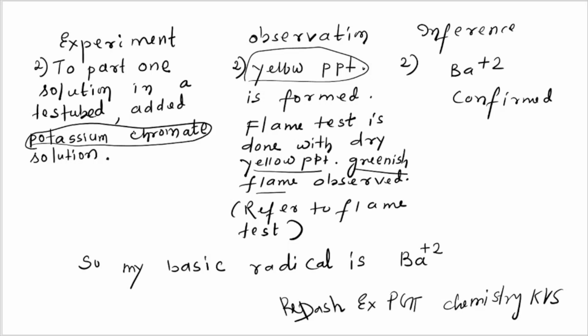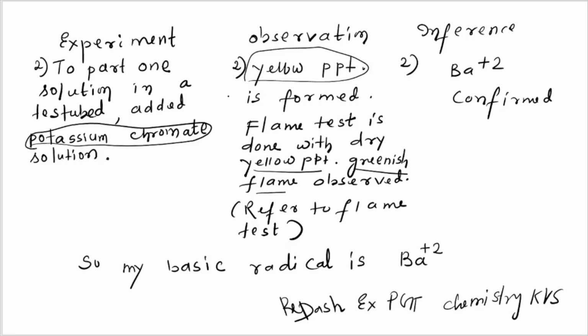So if one cation is confirmed serial-wise, Ba plus 2 confirmed, then there is no necessity to do the Sr plus 2 and Ca plus 2 tests. You are sure that your cation is Ba plus 2. So in the last line you should write, my basic radical is Ba plus 2.